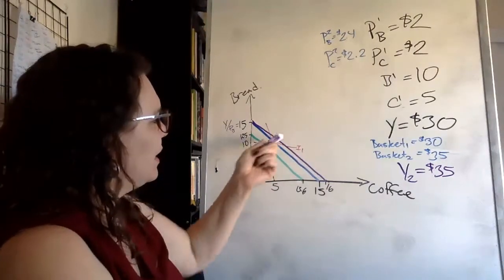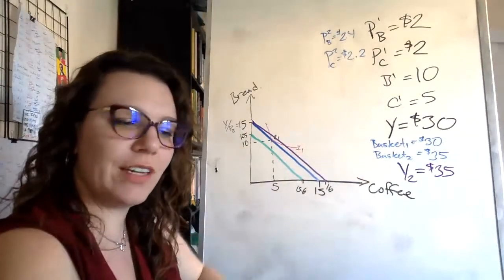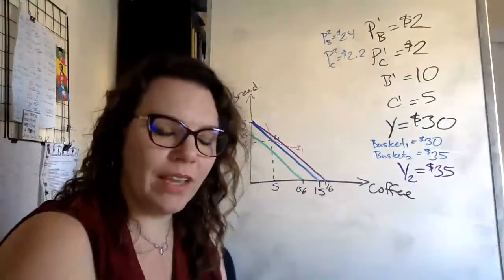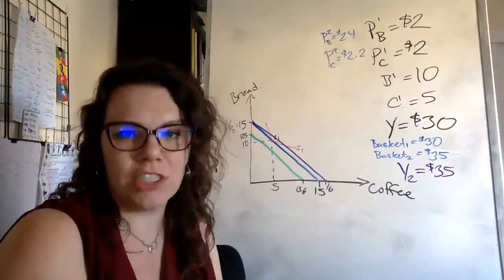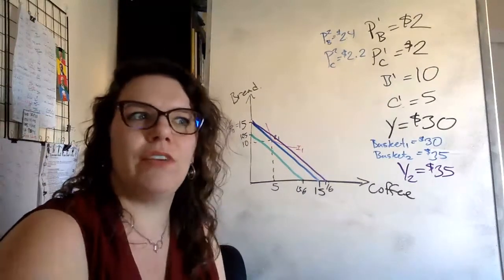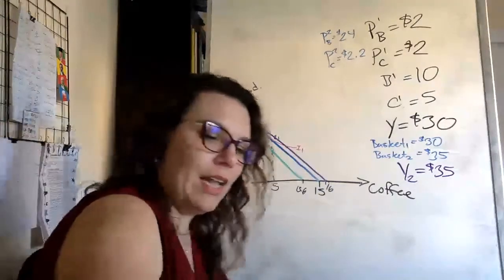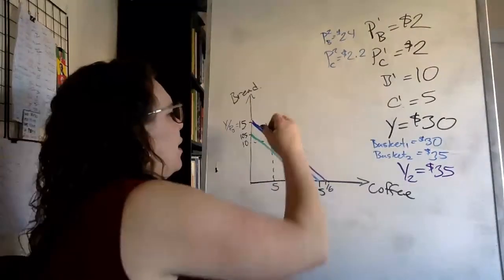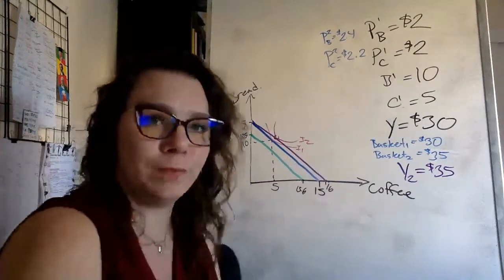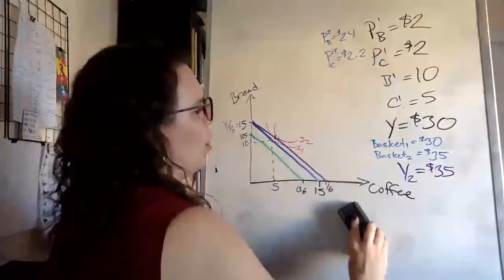We can already see that our consumer is going to be on a higher indifference curve, so they're going to actually get more utility as a result of that cost of living adjustment. In this case, that's a small change because it's a small change in prices, but you kind of get the intuition now about how cost of living adjustments can overcompensate consumers, right? Because now we'll definitely have a new consumption point on a higher indifference curve. Cool? That's question 1. It's kind of a long one, but I think it was good.